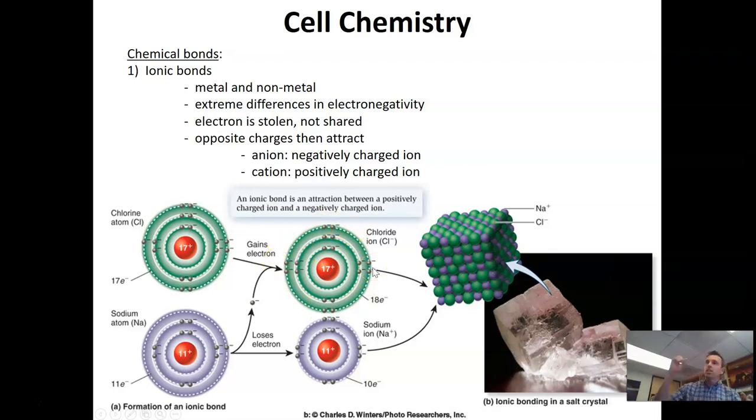They attract. So the sodium is going to bind to the chlorine, and it does this in this cube form, because if we were to cut this open, you would see that each sodium has 6 negative charges around it. There's a chlorine, there's a chlorine, there's a chlorine, there's a chlorine. There would be 1 chlorine inside and another chlorine going to form outside. So inside this molecule, sodium is surrounded on all sides with a negatively charged chlorine.